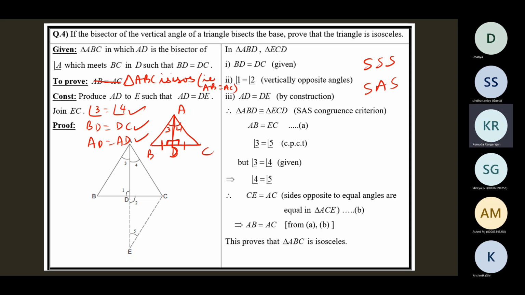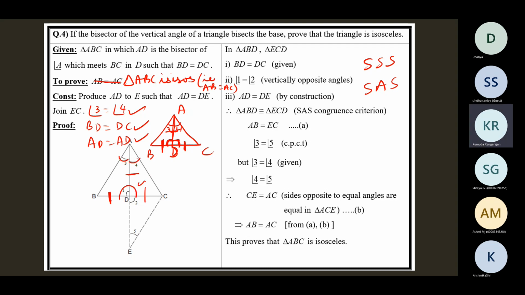So these are the two sides, BD and AD here. So this is the included angle. And in this triangle, see, this is the common side. This is the other side. So this is the included angle. In this triangle, it's about this side, this side. So this is the included angle.